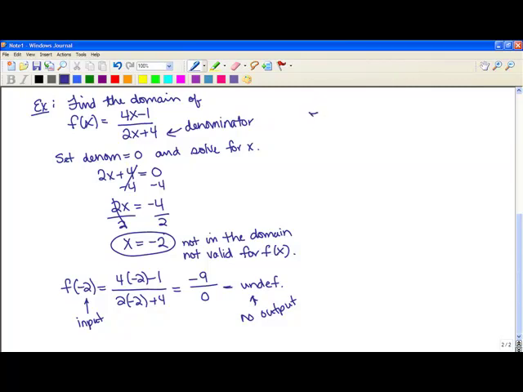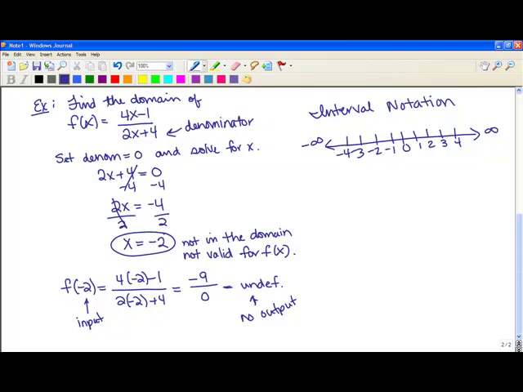Now, in order to write this in interval notation, we need to think of the number line. The number line has positive numbers on the right and negative numbers on the left. Now, at the end of the number line, we would have negative infinity on the left and positive infinity on the right.